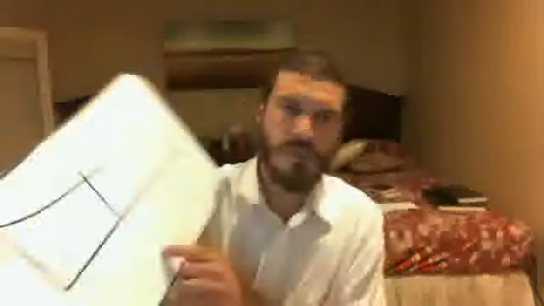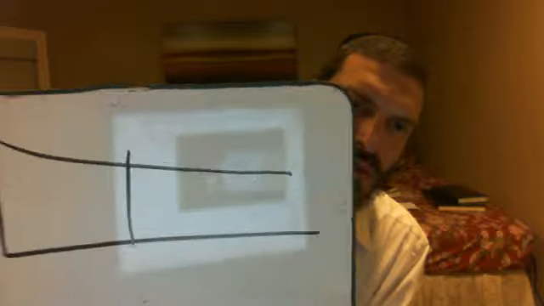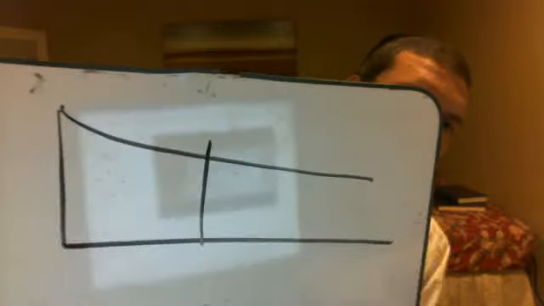Let me just show you a graph. That's kind of what I'm talking about here. As you see, this is the typical e to the negative x, and here it's 1.